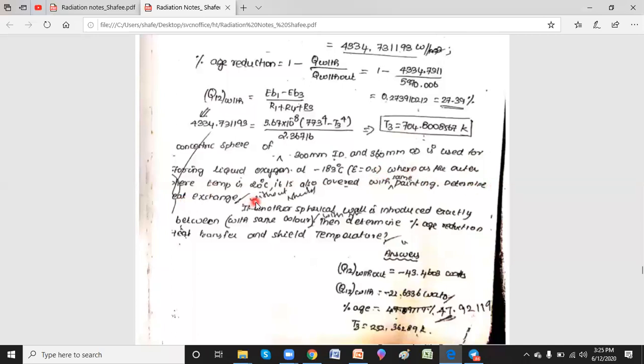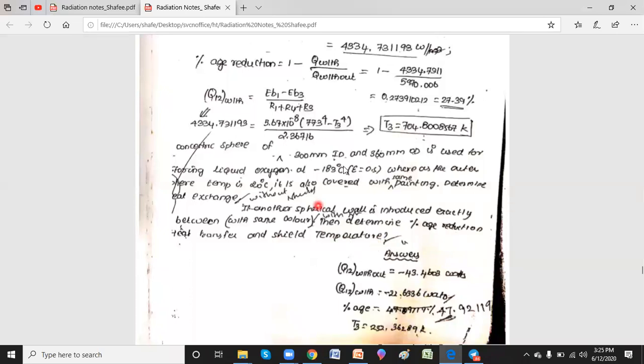Determine the heat exchange. This is the heat exchange between two concentric spheres. I need to find out the heat transfer. The inner surface is at minus 183 degrees and the outer surface is at 20 degrees. Now, if another spherical wall is introduced exactly in between with the same color, that means the same painting, then determine the percentage reduction in heat transfer and the shield temperature.